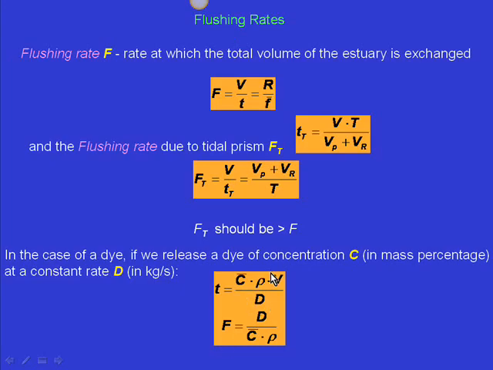And the flushing time is the inverse of this, the volume divided by this one. So that's why the volume disappears. So you have the discharge rate divided by the concentration times the density of the water. That's the flushing rate, so you can calculate flushing rates anywhere, in your bathtub or in smaller basins.